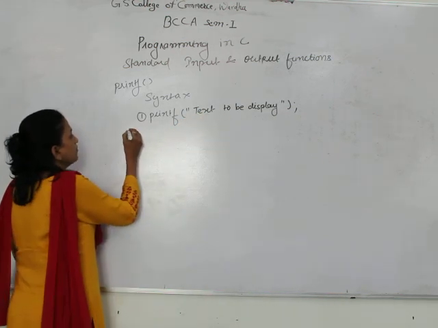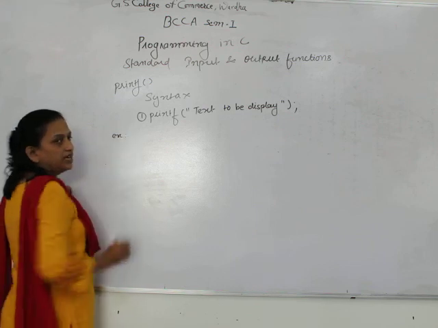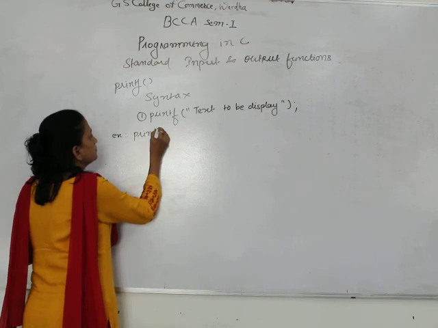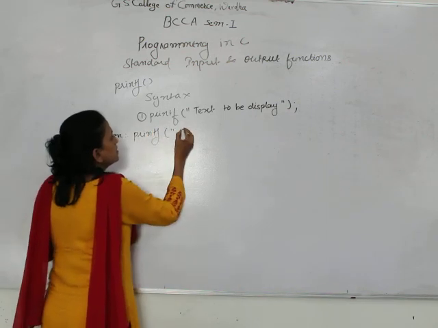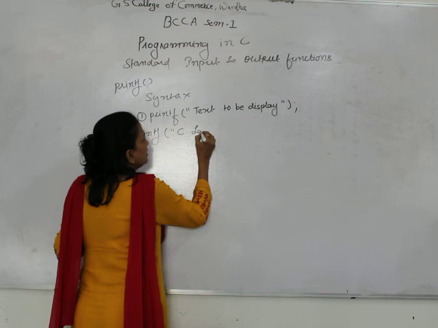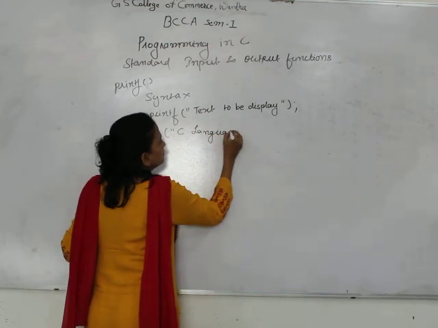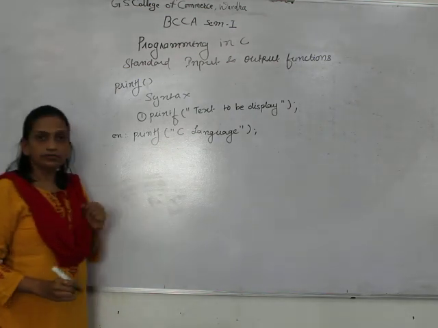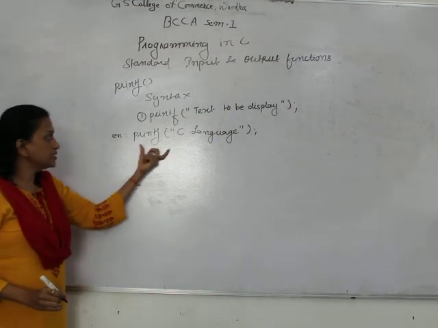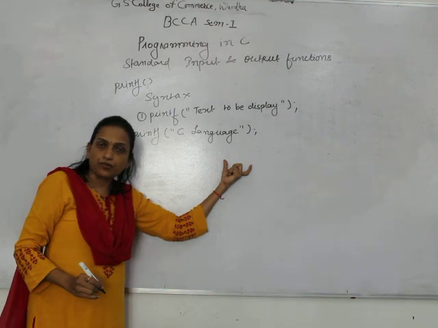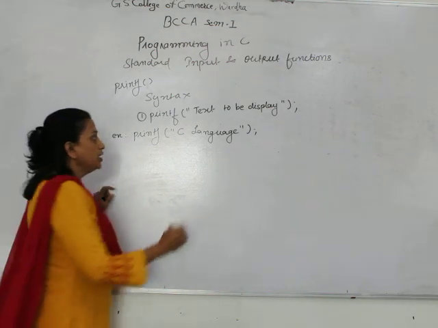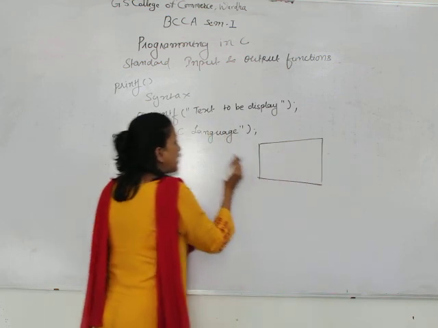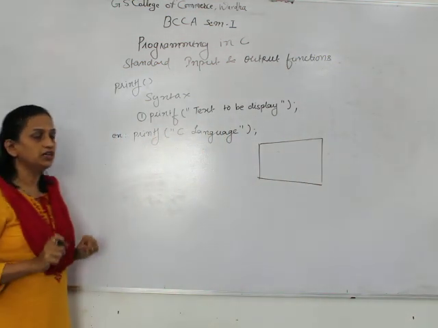For example, if you want to print some message, that is printf, with the text C language. If you use such a statement in your program, what will the compiler do? The compiler will display the message which is enclosed within double quotation marks.